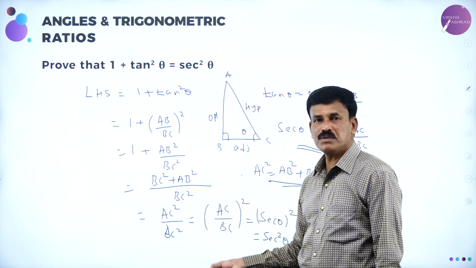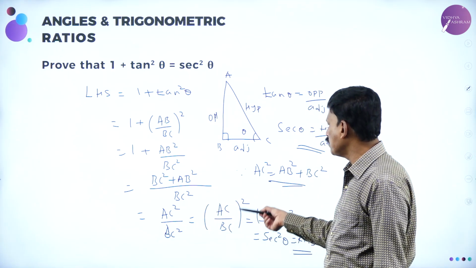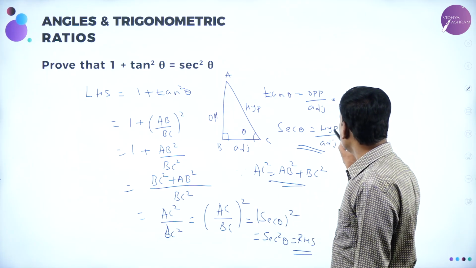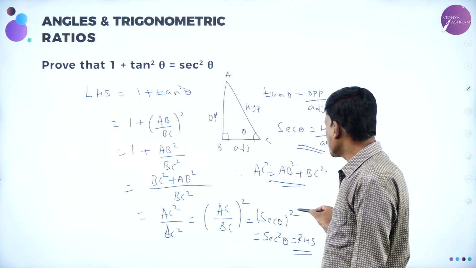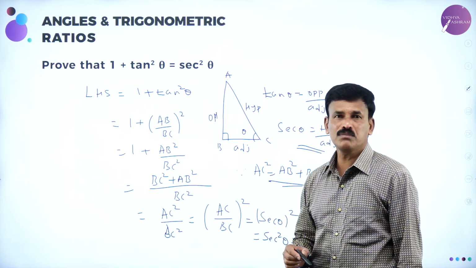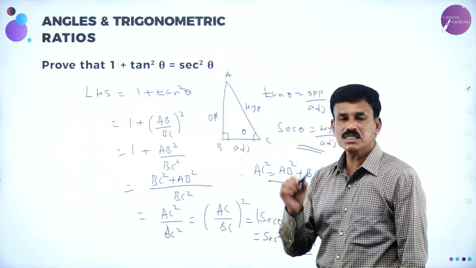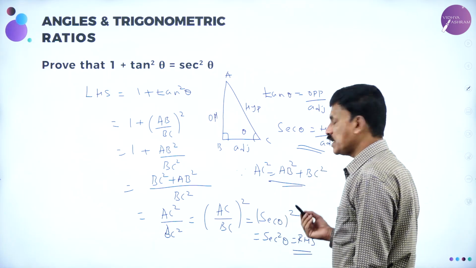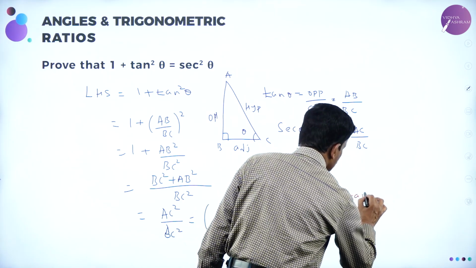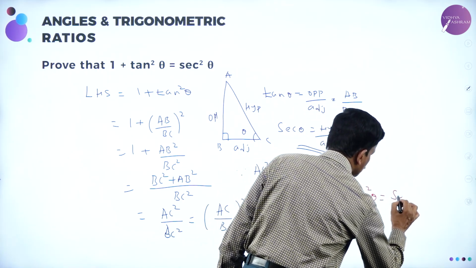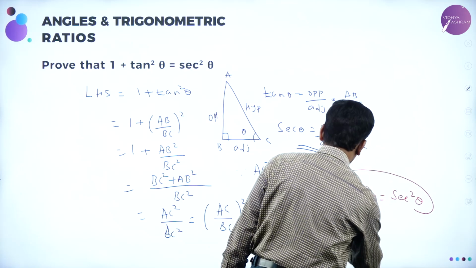So AC square by BC square can also be written as AC by BC whole square. What is AC by BC? Hypotenuse by adjacent is nothing but secant theta. Whole square is nothing but secant square theta. 1 plus tan square theta is equal to secant square theta. Therefore, we can conclude that 1 plus tan square theta is equal to secant square theta.